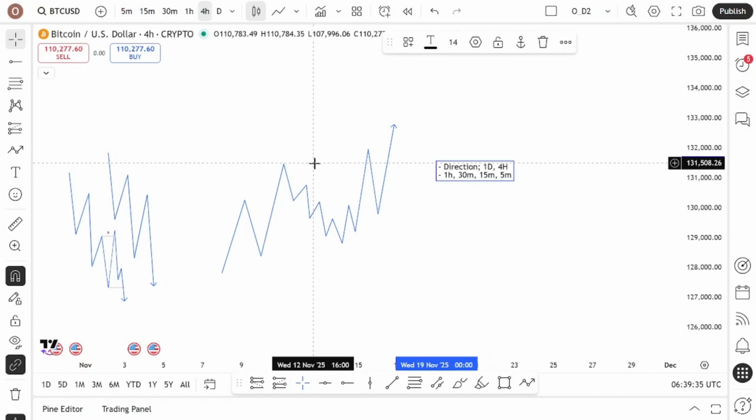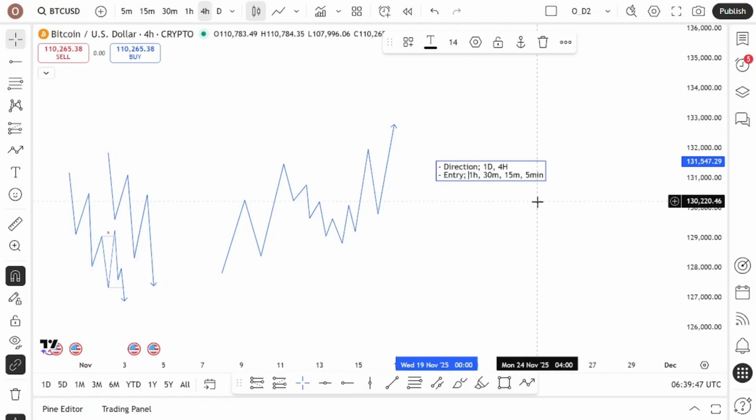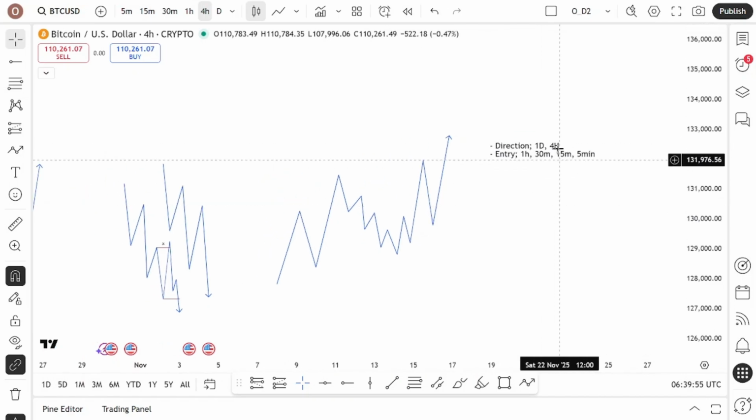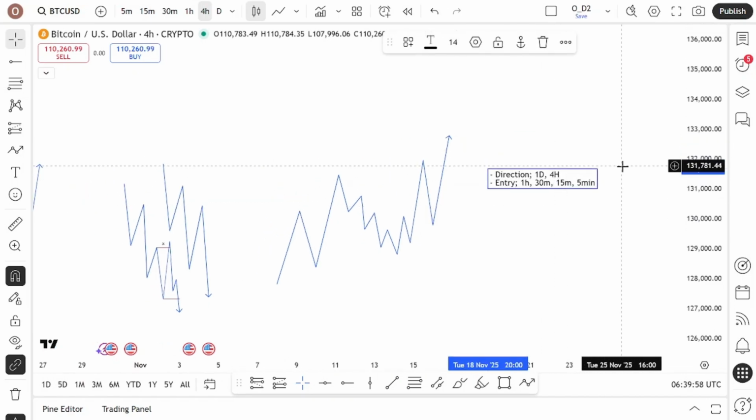All of this has to do with entry. Sorry, this is supposed to be entry. So when it comes to entry, these are the time frames I'm looking out for. That is all. That is basically how it is supposed to be.